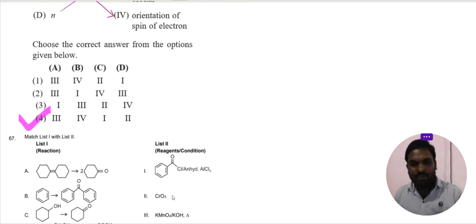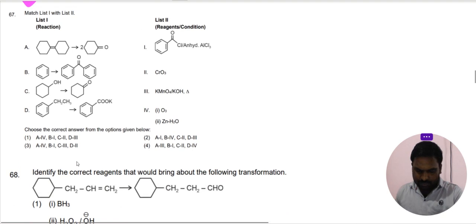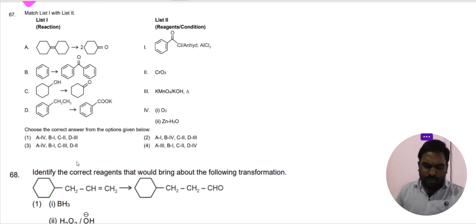Easy question. Now coming to the next question, matching. You know, here a cyclohexane ring is there with a double bond.